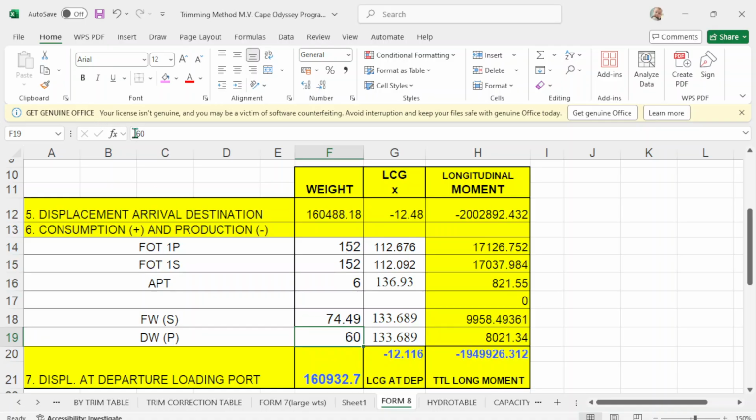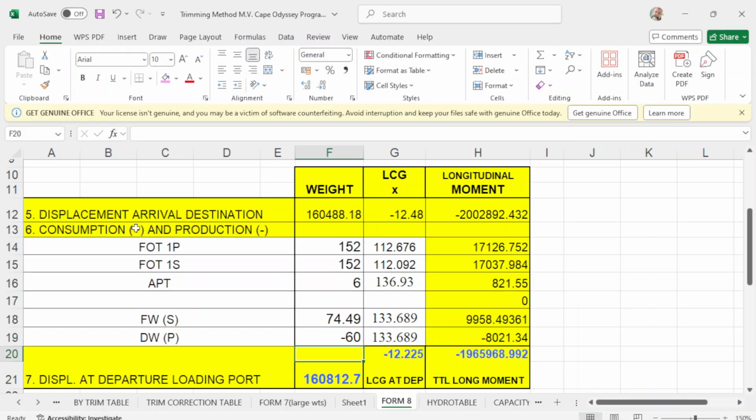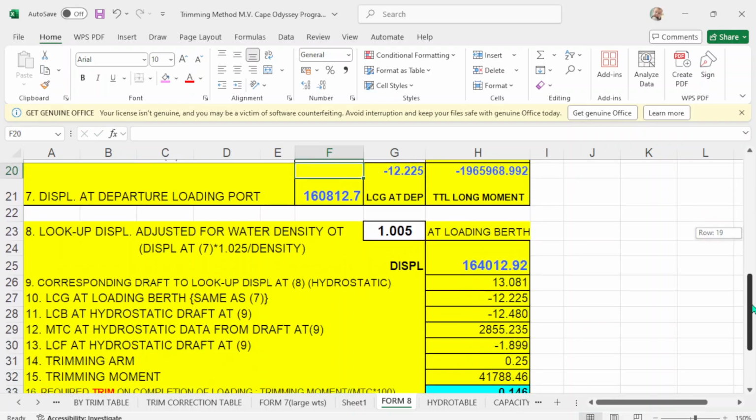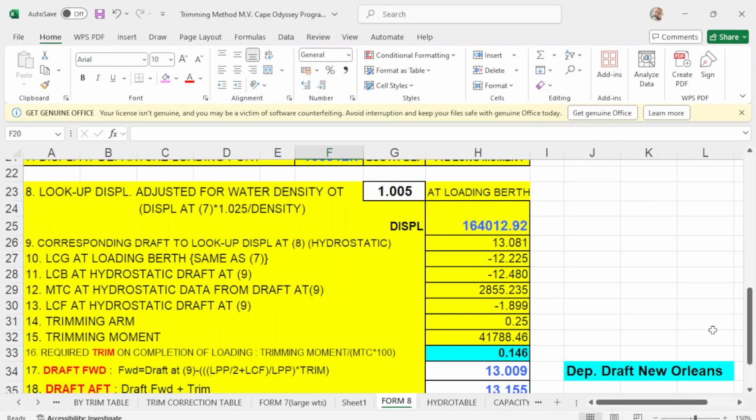Okay, negative. And that will be your trim. What will be your trim is 14 centimeters.